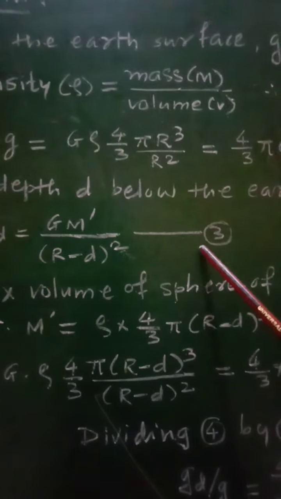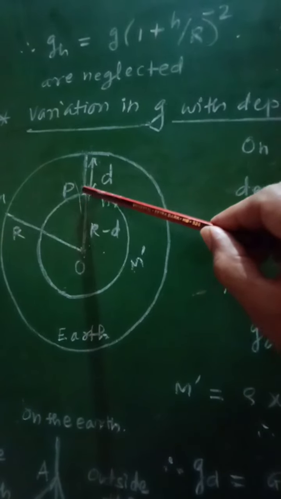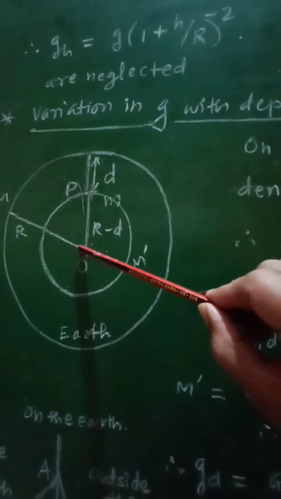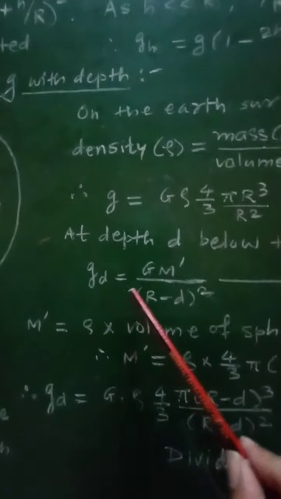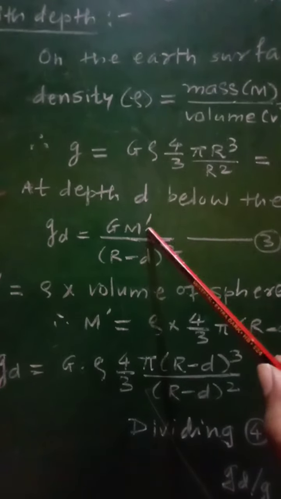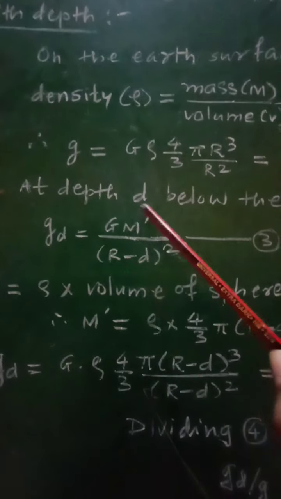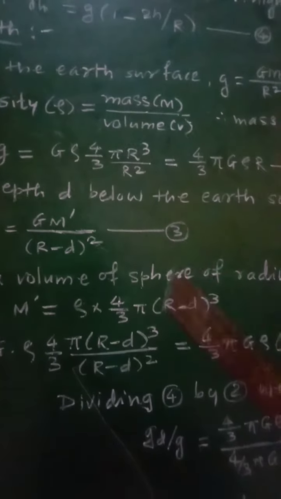Let it be equation number 3. Here the distance between that body of mass m and the center of the earth will be equal to R minus d, and therefore g_d is written as G M dash, because for that inner sphere the mass is now M dash, upon (R minus d) whole square, as equation number 3.